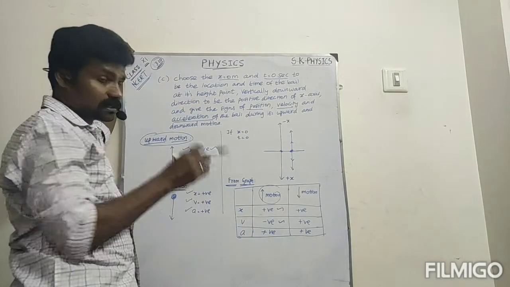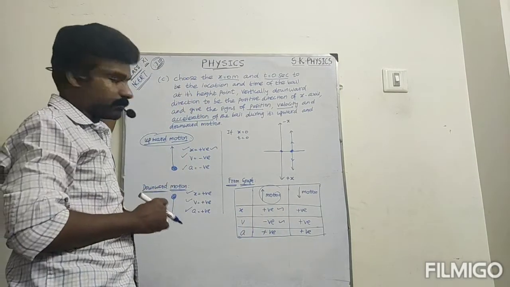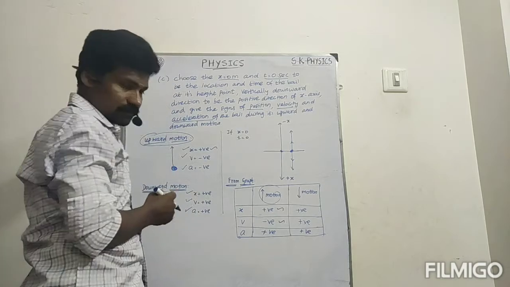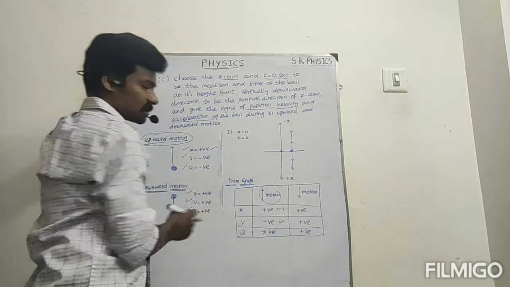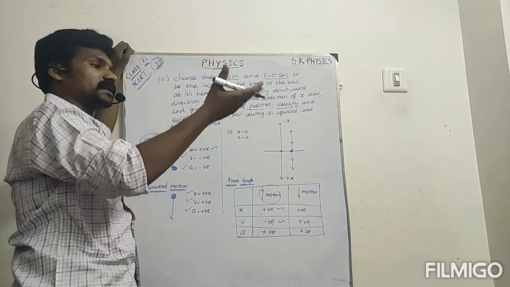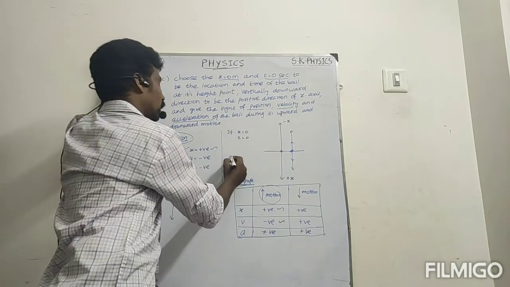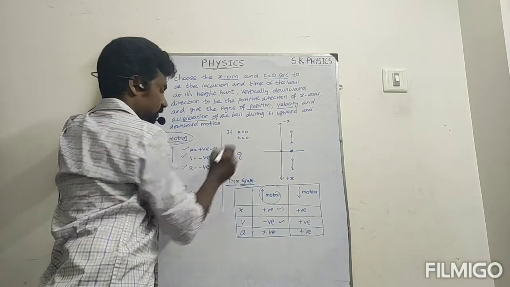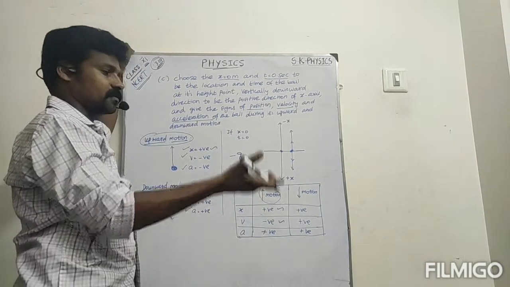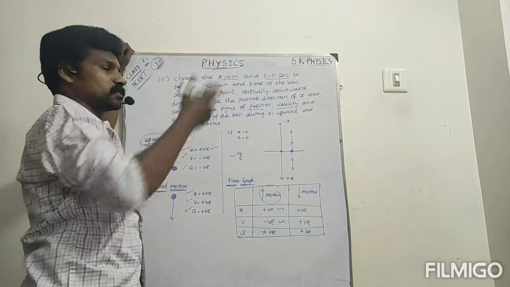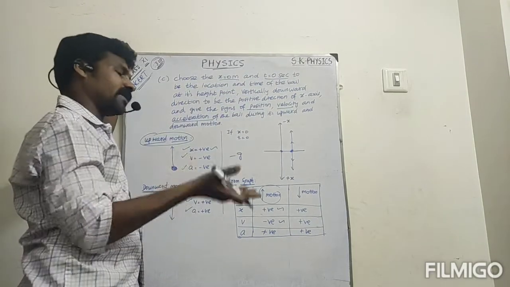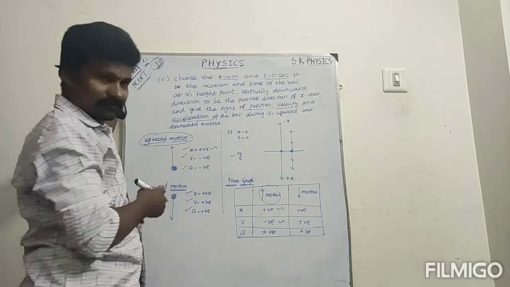But we should be careful with the acceleration now, because we are comparing with the graph. Generally, acceleration while moving in upward direction is opposite to the gravity, correct or not? The object is moving upward, so it is opposite to the gravity. So acceleration is already negative.